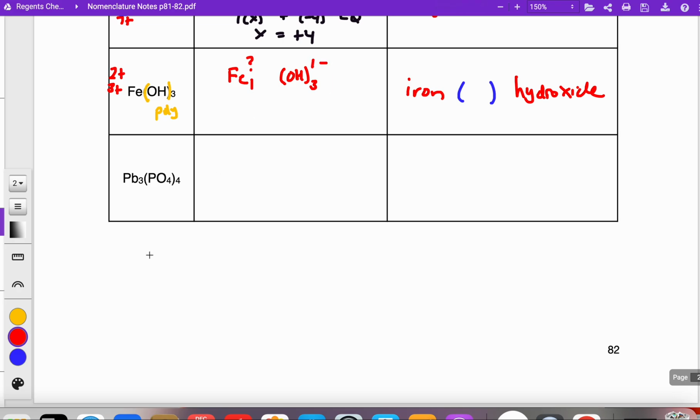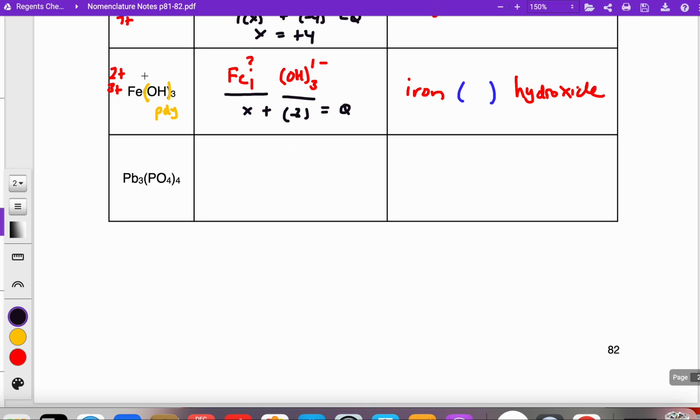We are trying to figure out which of the charges or oxidation numbers the Fe iron is using. Well, we only have 1 Fe, so it's just going to be X, right? We have 3 OHs, they each bring a -1, so plus a -3, and it has to equal 0.